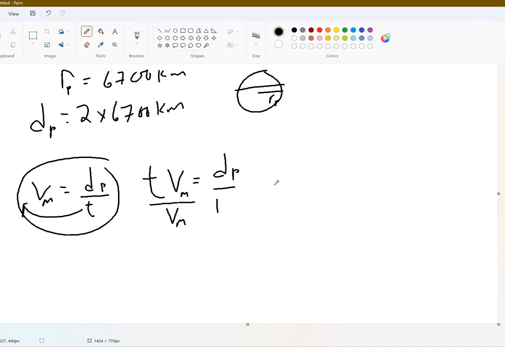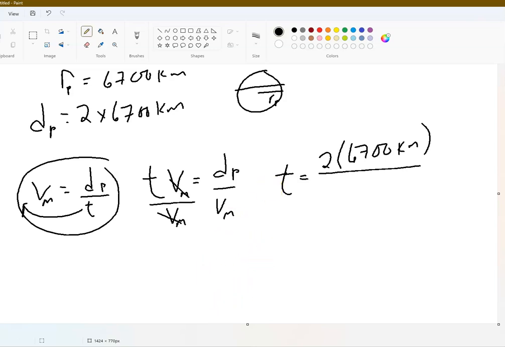The velocity of the moon cancels on this side, and that finalizes our equation. The time, which we want in hours, is going to be the diameter of our planet, twice its radius, so 2 times 6,700 kilometers, divided by the velocity.